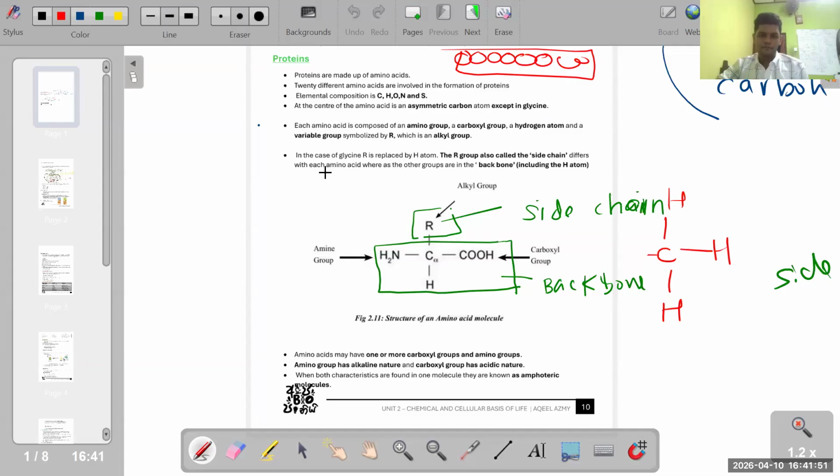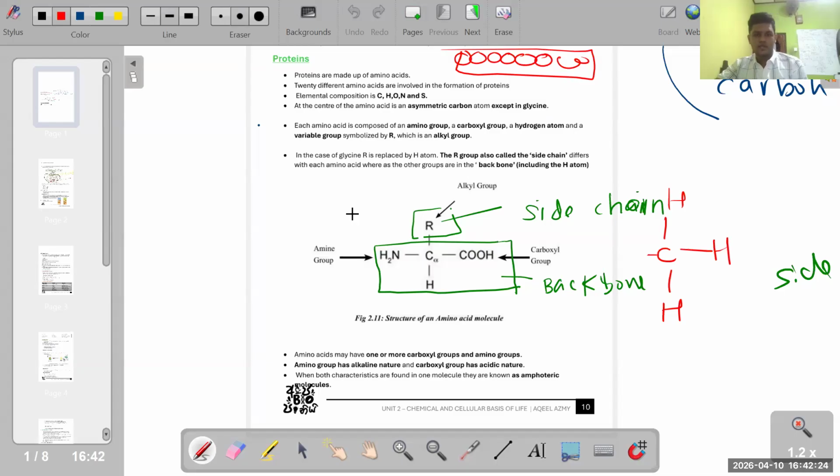Number of components or number of groups? No, in the backbone there are three. So you should be careful. See here, amino group, carboxyl group, hydrogen atom also. Is it clear? See the box I have drawn? Is it clear? Yes, three. Very good. So R belongs to the side chain, which is the alkyl group.